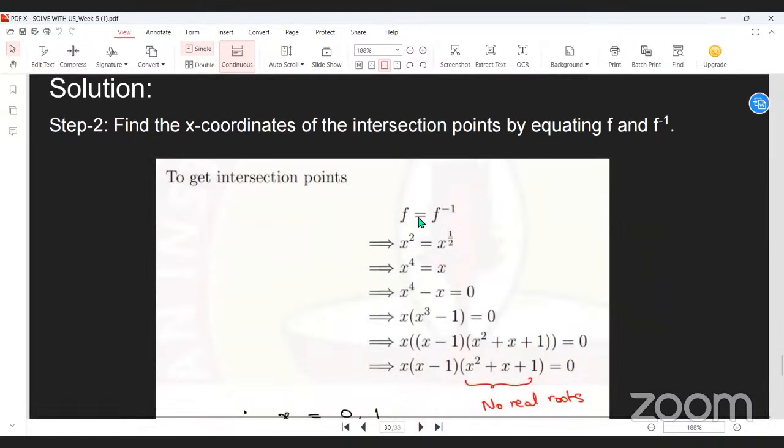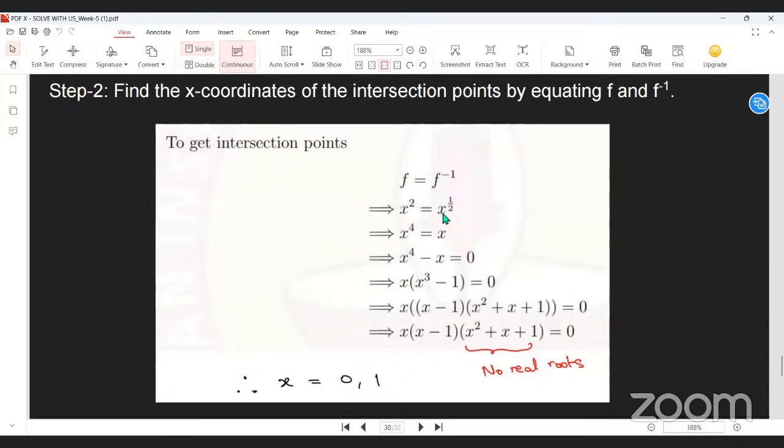So in order to calculate the intersection point, we just equated them, and we got x square equals x to the power half, right? In order to simplify it, we squared both the sides. We will get x to the power 4 equals x, right?